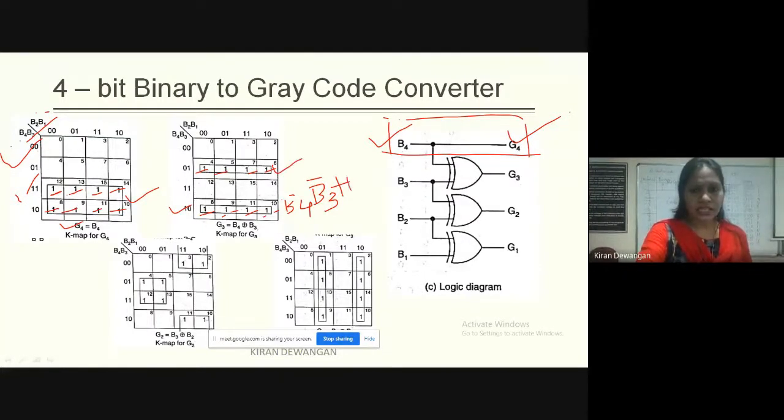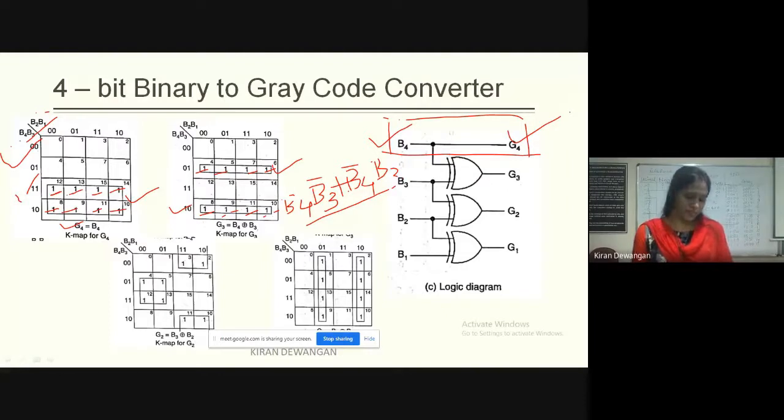This is B4 bar B3. And what is this actually? AB bar plus A bar B. क्या होता है? It is AB bar plus A bar B. What is it? It's nothing but XOR. So it is B4 XOR B3.